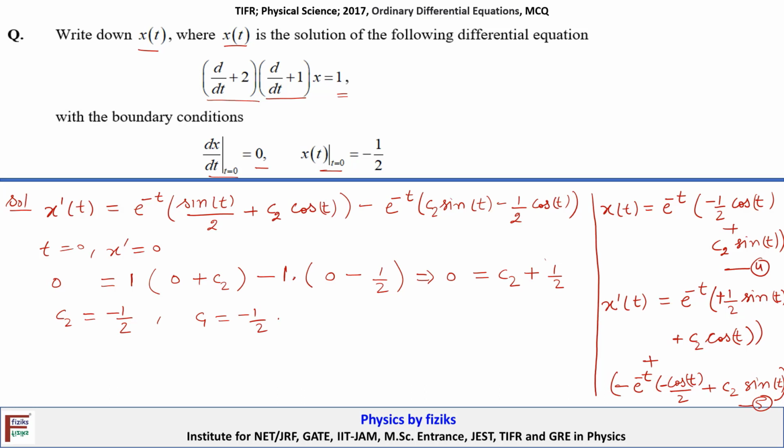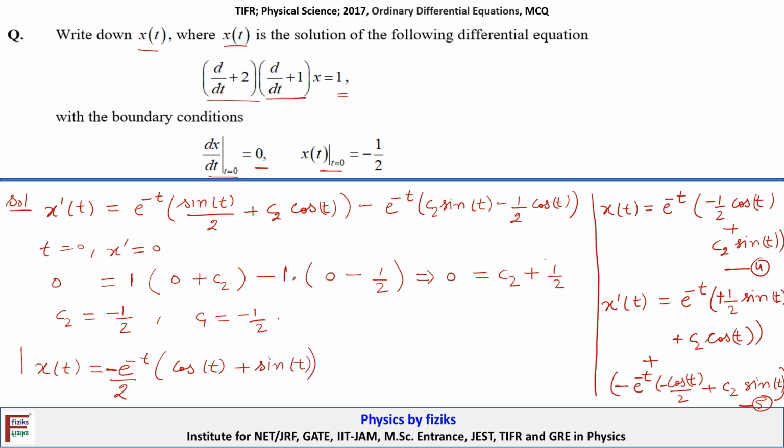Then the final solution of this differential equation can be written as x(t) = e to the power -t into c1 cos t, and of course c1 and c2 are equal, therefore by taking it common we can write -1/2 (cos t + sin t), with c2 taken outside the bracket and only sin t remaining.